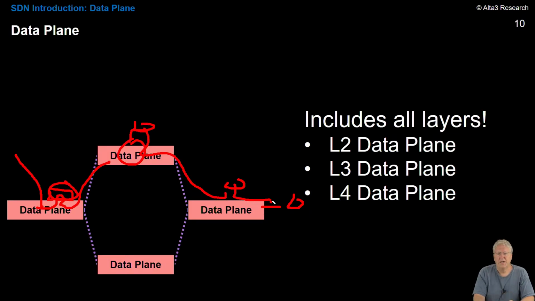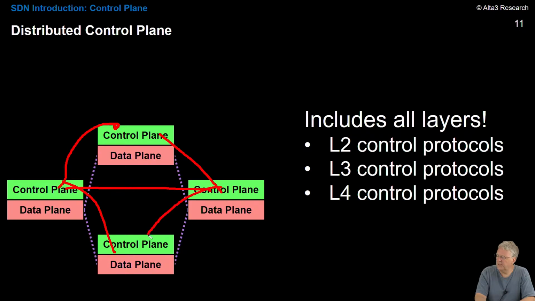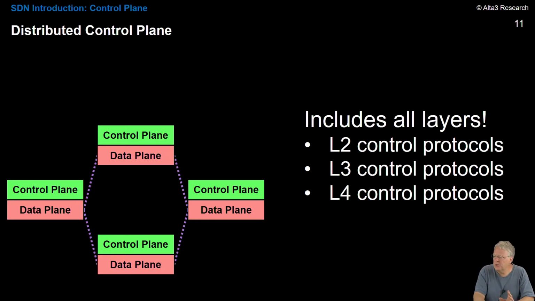Now let's add a control plane. When a control plane is added on top, we have the logic which allows these control planes to actually talk to each other. Normally in full mesh in a lot of designs, the control plane actually uses the data plane for the control planes to talk to each other. But it's important that you understand that the control plane is the brains that sits on top.